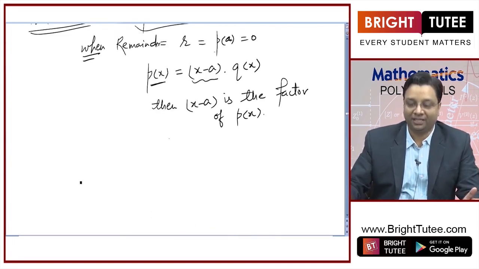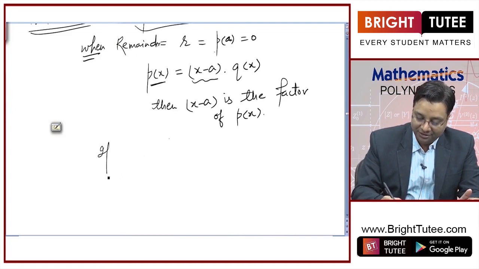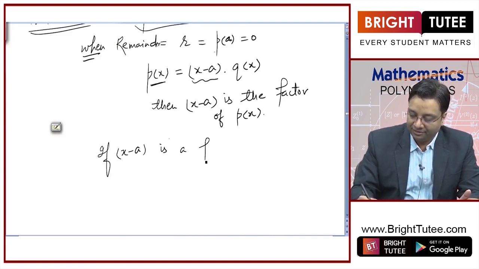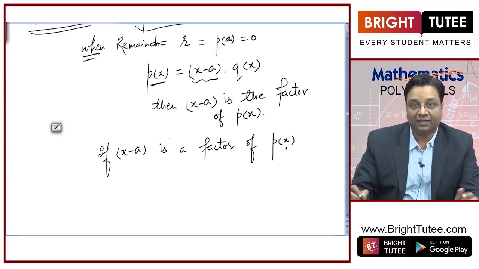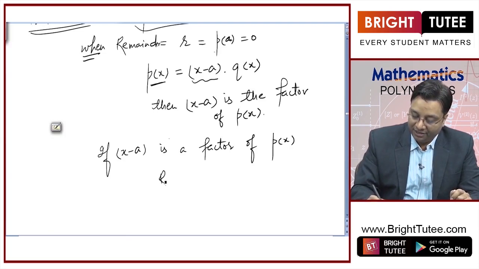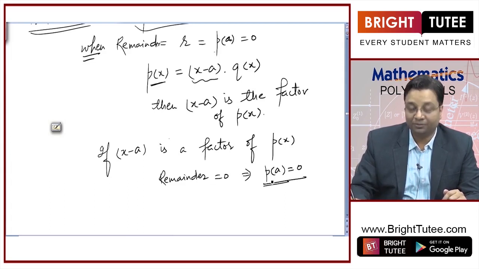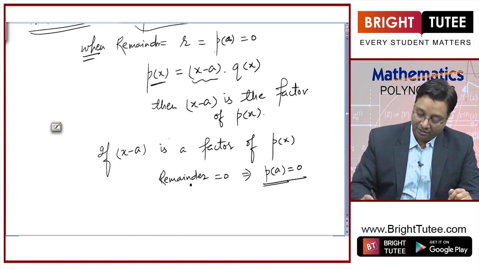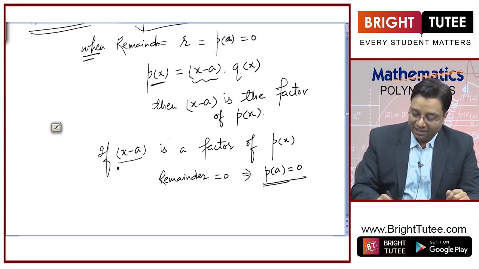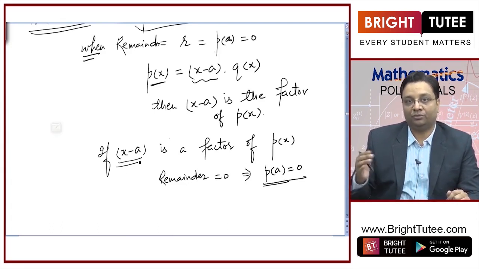So if I say it the other way around, if x minus a is a factor of polynomial P of x, then the remainder will be 0, right? Which means P of a will be equal to 0, because P of a gives me the remainder. Now what do I mean by it? x minus a is a factor of some polynomial P of x.